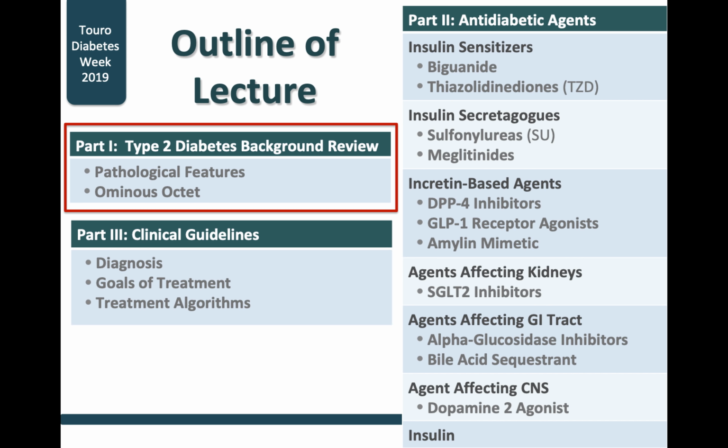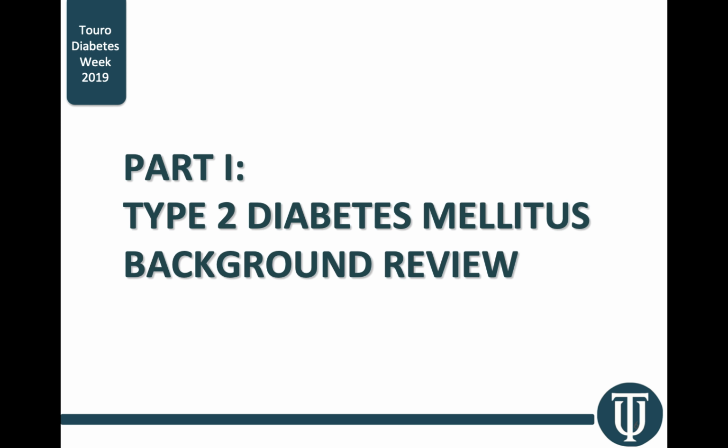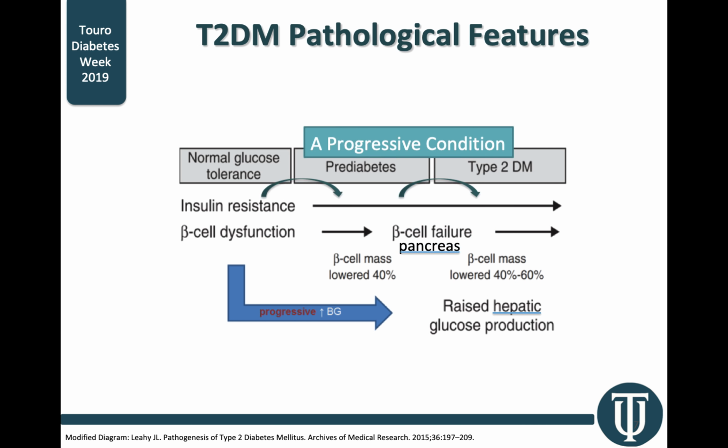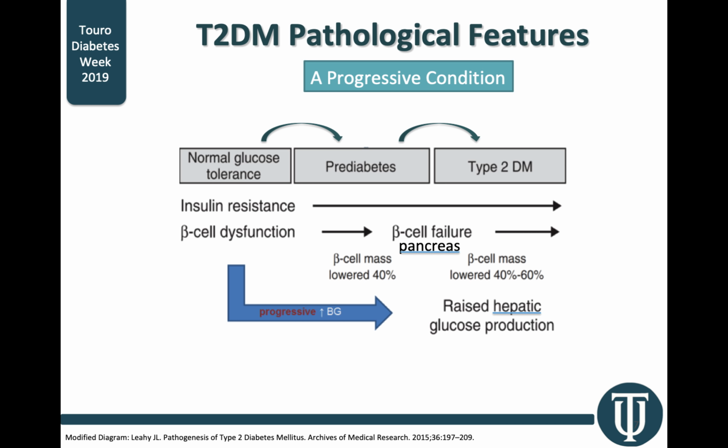So let's get started with our background to diabetes. When we talk about diabetes, think about it as a continuum, because diabetes really is a progressive condition. So we will start off with our normal glucose level.